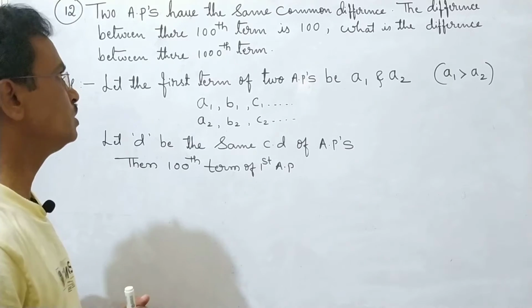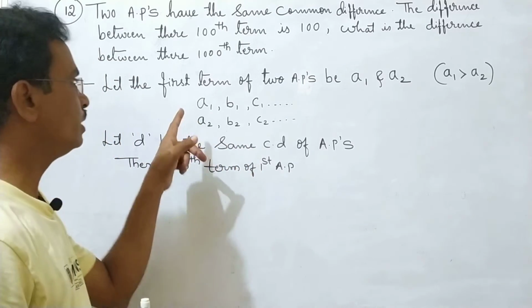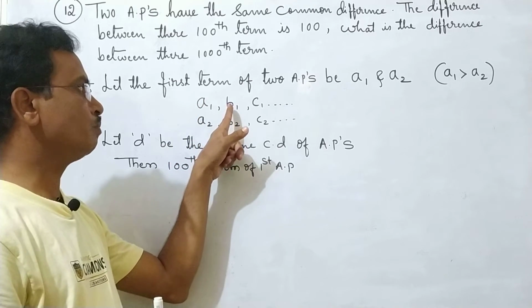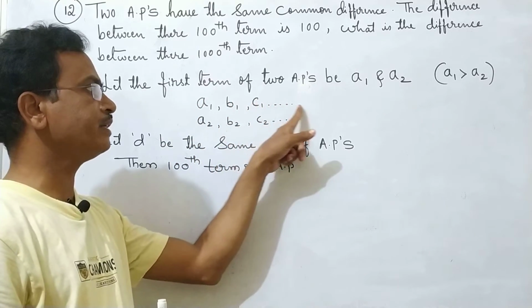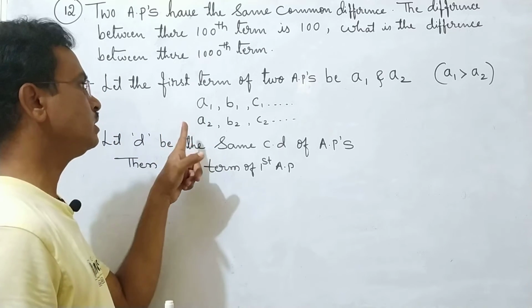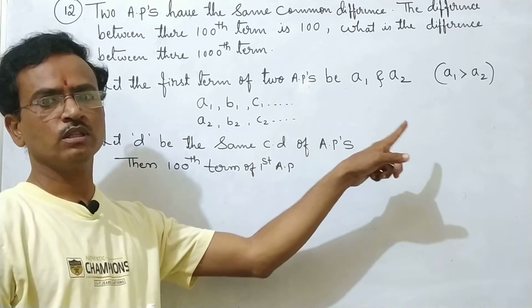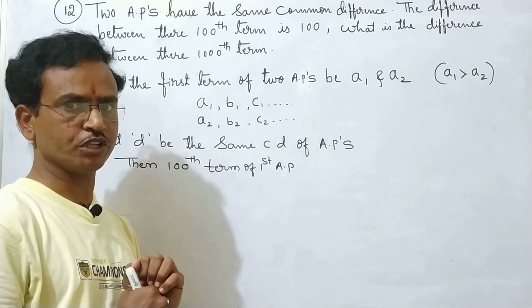So here, according to this question, there are two arithmetic progressions. Here we will take A1, B1, C1 and so on. This is the first arithmetic progression. Then next A2, B2, C2, and so on. This is the second arithmetic progression.